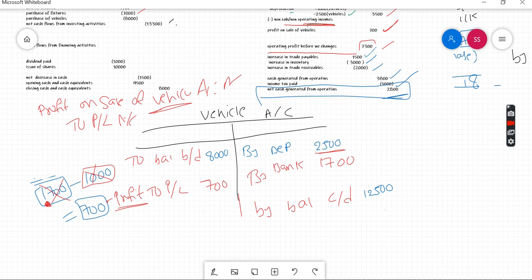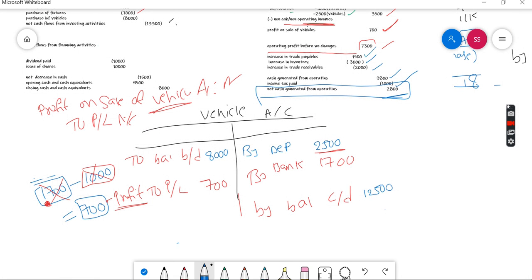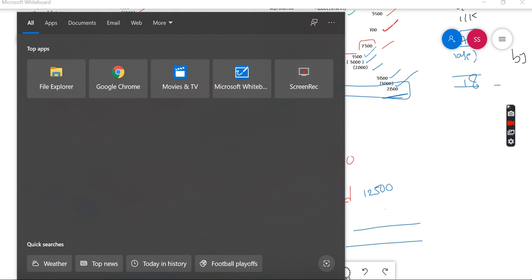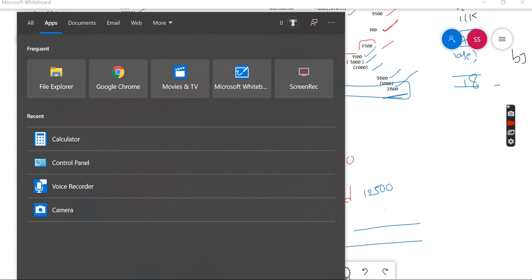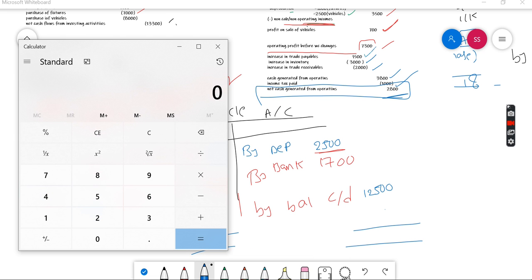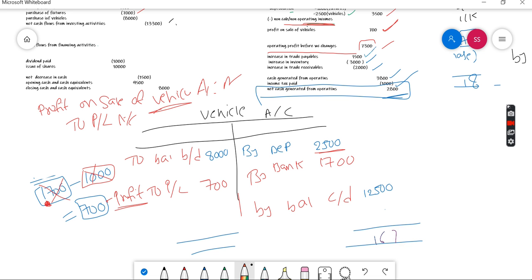So now we can do the balance of this. Let's take the calculator. So 12,500 plus 1,700 plus 2,500. Total on this side is 16,700.